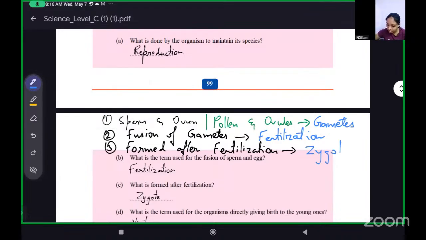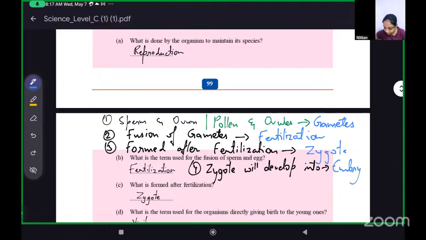Then the zygote will develop into an embryo. Yes, into embryo.